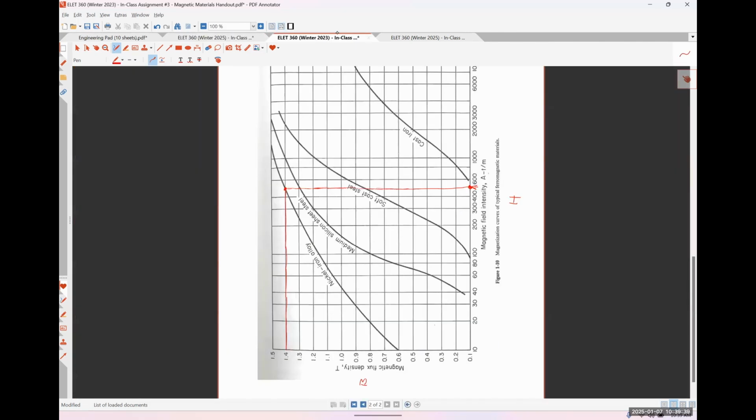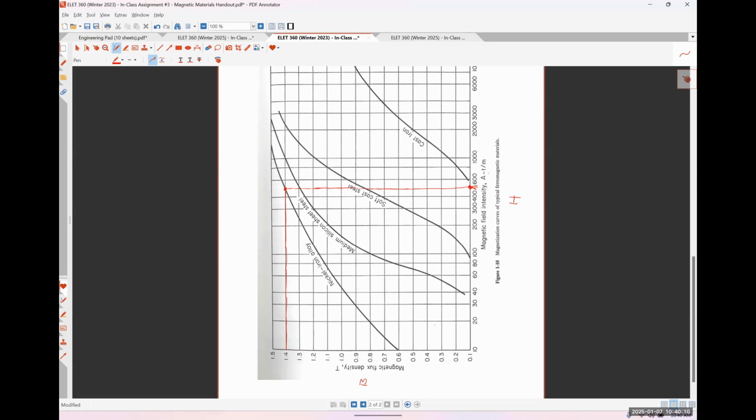So I looked at my table and drew a line from 1.4 Tesla on my B axis until I hit the curve for nickel iron alloy. And then I used that to find the value of H corresponding to that B of 1.4 Tesla, which we estimated to be approximately 500 amp turns per meter based on the graph.